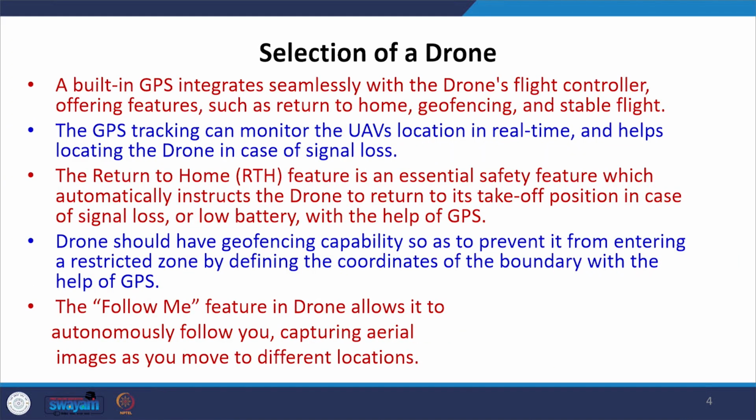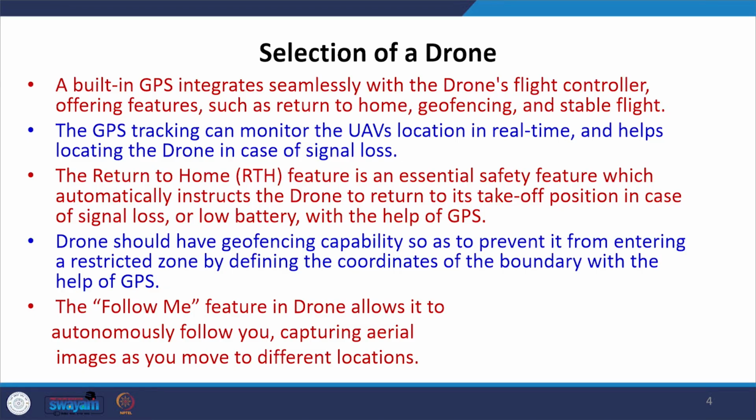Now it is important that we select the right kind of drone, and once we know the components and what features are required, then we can select the right drone. So we should have, for example, a built-in GPS system which integrates with the drone's flight controller, and it offers features such as return to home, geofencing and stable flight during data collection.